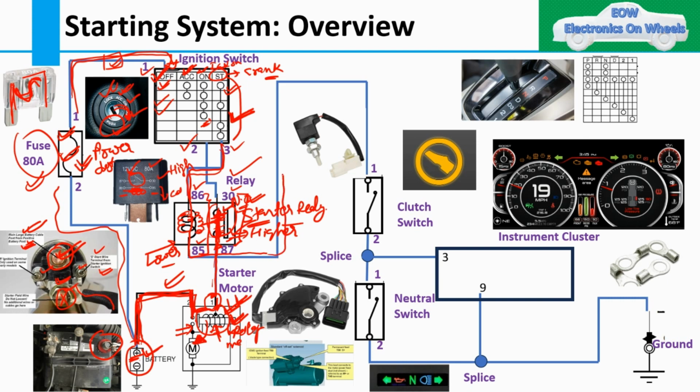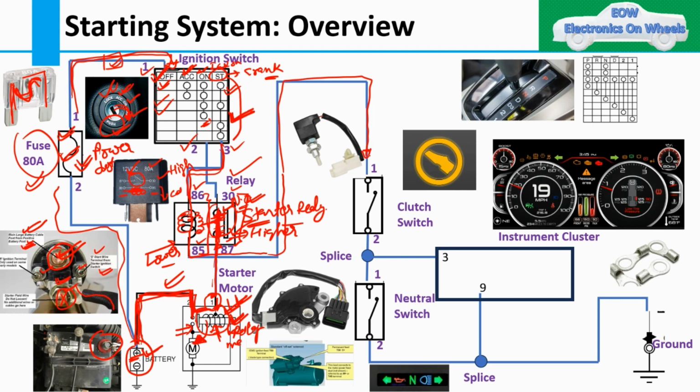Now till here this wire is going, and here is also the clutch switch. You might have heard that we use a clutch switch and a neutral switch. When you are starting your vehicle, do you know what the purpose of the clutch switch is? The clutch switch disengages or engages the transmission to the engine.